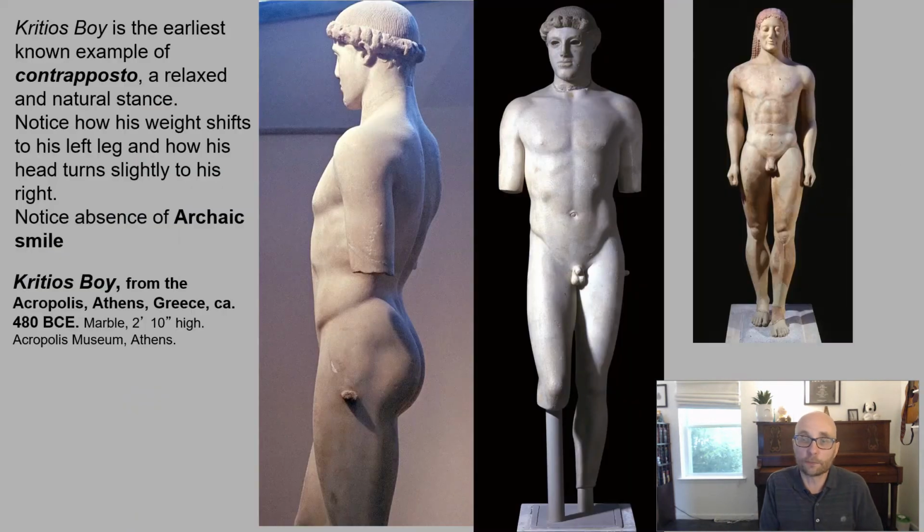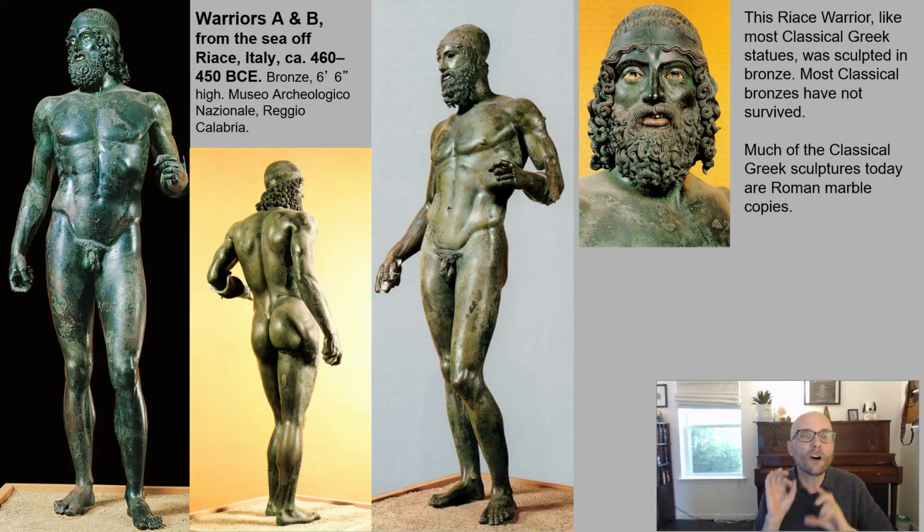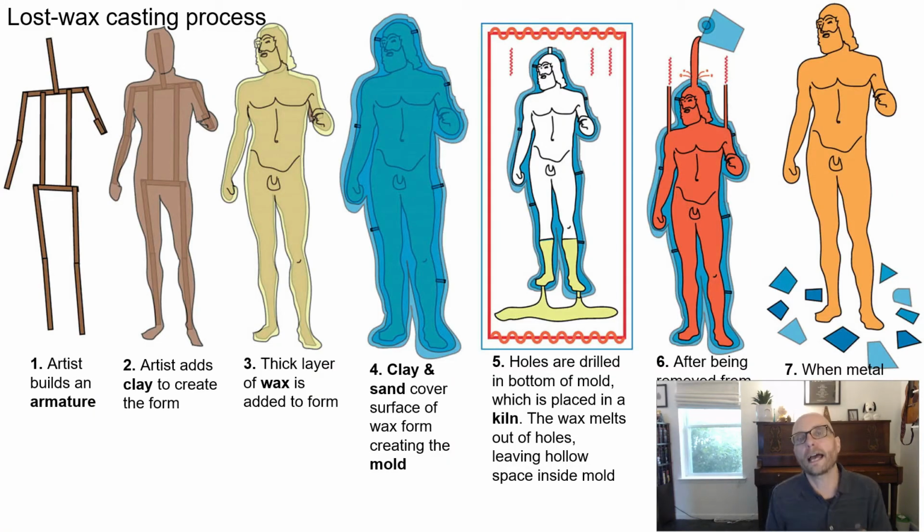Whereas Critios boy looks like a real dude, like a guy who's really in shape, maybe a young athlete, these guys are almost impossibly fit. They are not realistic in the sense that this is easily achievable, but instead they are more of an ideal, right?